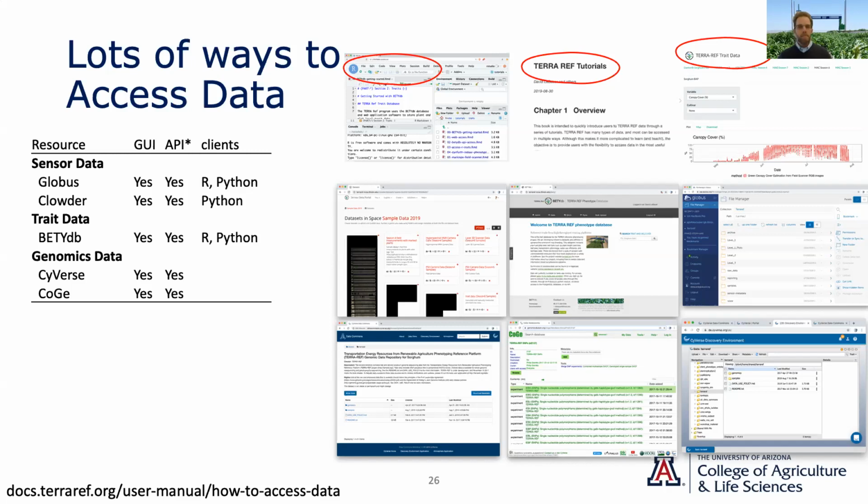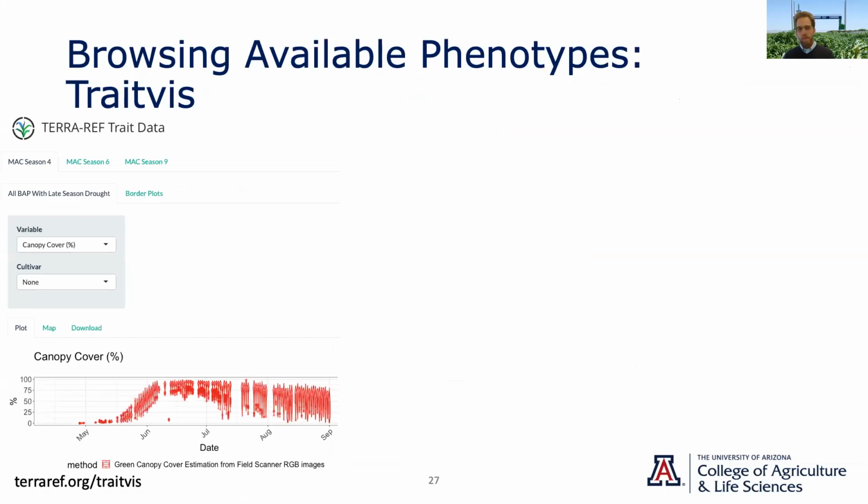So by making data available through APIs and teaching people, as an entry point, to use R and Python, it provides a lot of power and flexibility that us designing an interface would make much more difficult to do. That way we can rely on existing technologies.